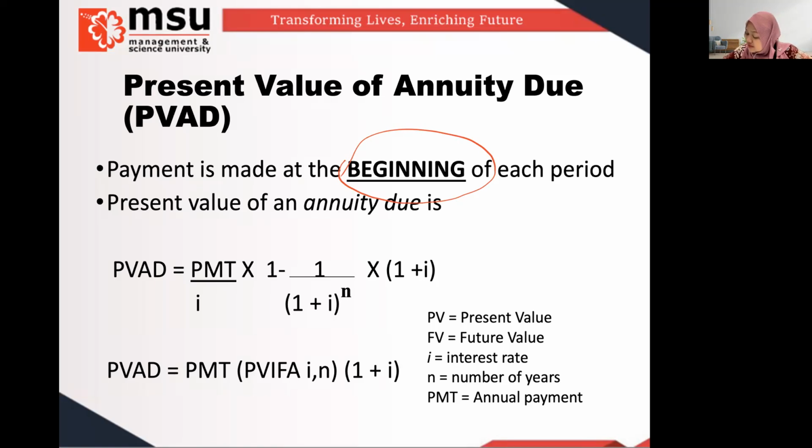In the formula, there is an additional 1 plus I at the end. So just now PVA was payment multiplied with PVIFA, only these two. Now you have to multiply with one more element, which is 1 plus I. So that is the only difference for annuity due.